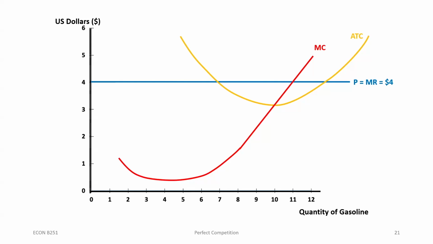Well, notice, what's the height of this rectangle? Price minus average total cost. What's the width of this rectangle? The quantity I'm selling. This rectangle actually represents that firm's profits. Okay. So we use the equilibrium price in the market. That's the firm's marginal revenue.